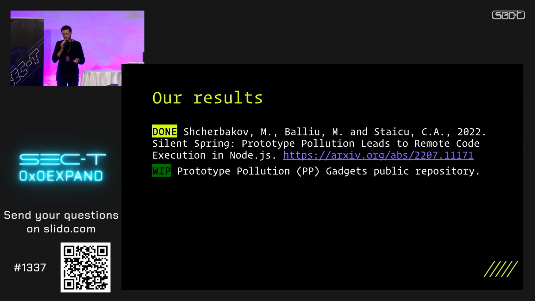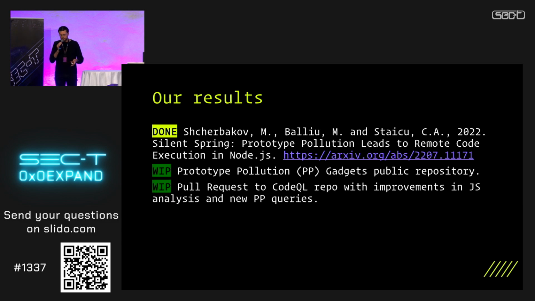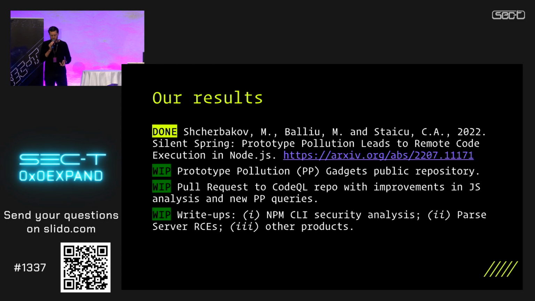For example, a prototype pollution gadget that leads to remote code execution, which I'm planning to publish soon. Some pull requests to CodeQL with improvements of JavaScript analysis that I mentioned. We increased the recall rate from 30% to 97%. I also want to make this pull request soon.